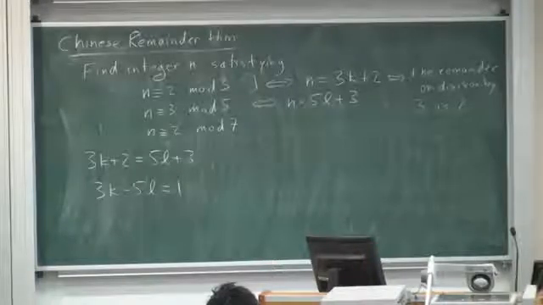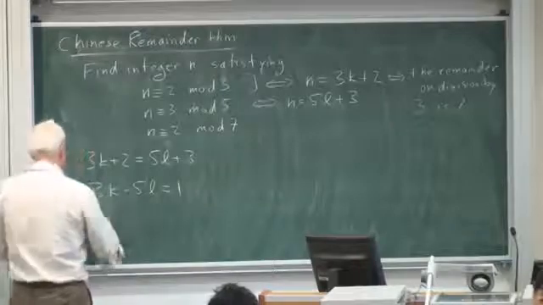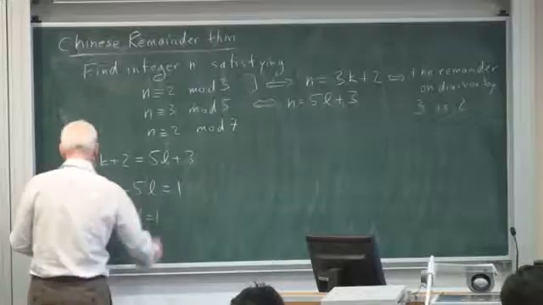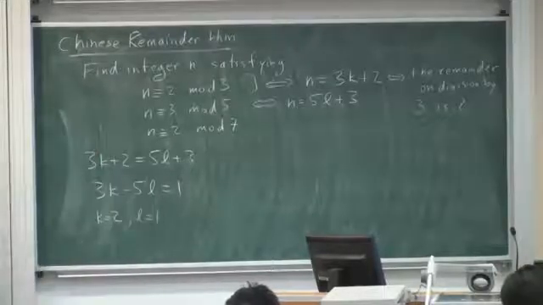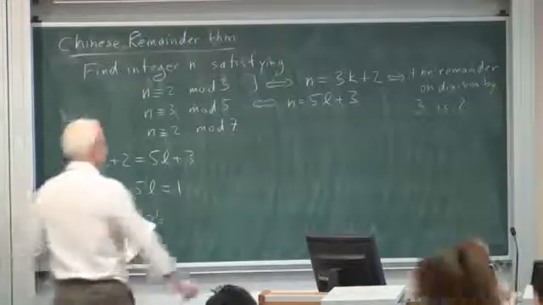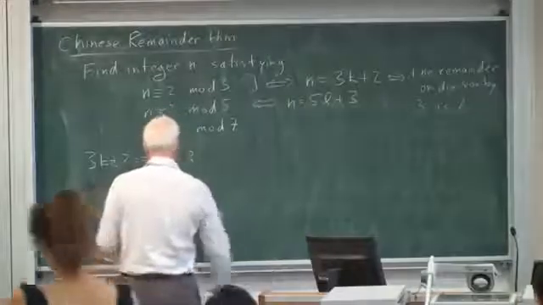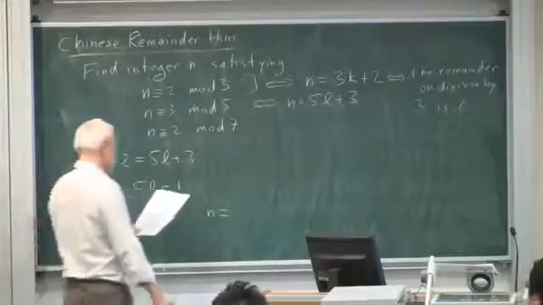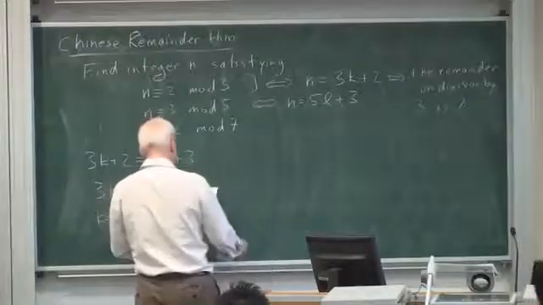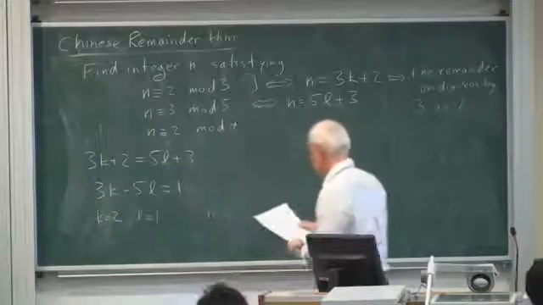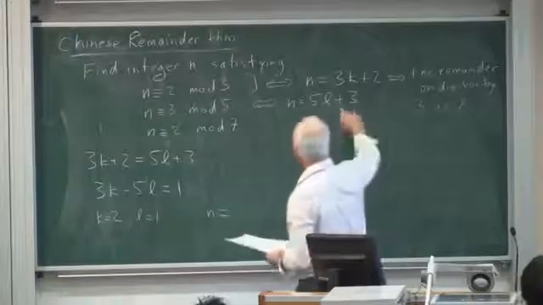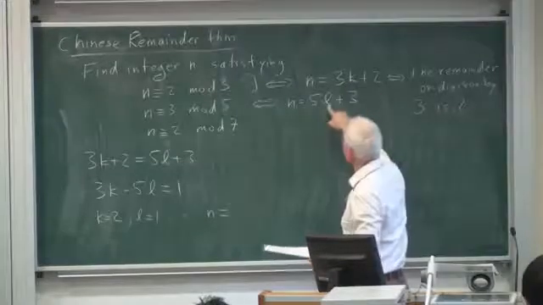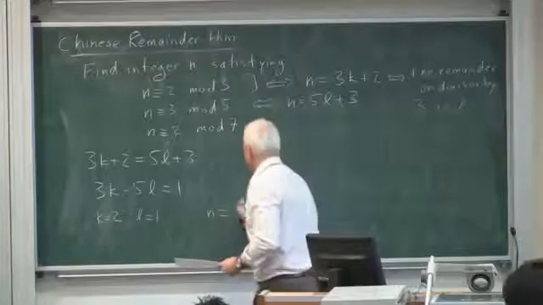So we can, for example, find solution k equals 2 and L equals 1, from which we get that n might be 8.